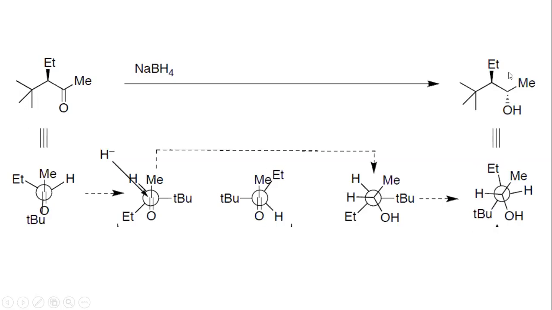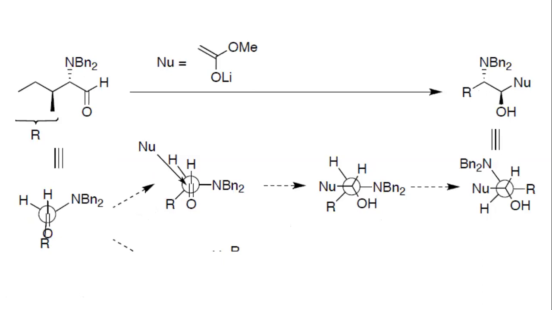The hydrogen is below here, the OH is below here. This H and this OH must be below the plane, and this ethyl and this hydrogen must be above the plane. By looking at the position of the ethyl, we can decide where to write the position of the hydrogen. As ethyl is above the plane, this hydrogen on the front carbon must be above the plane. That's how we decide the relative spatial orientation of the substituents.